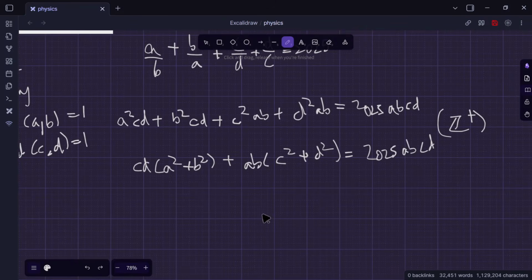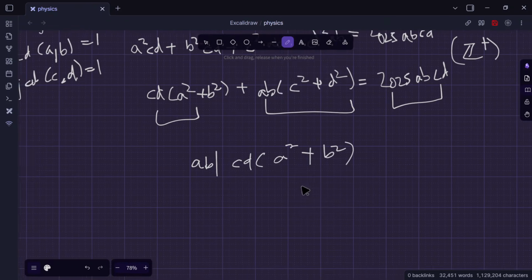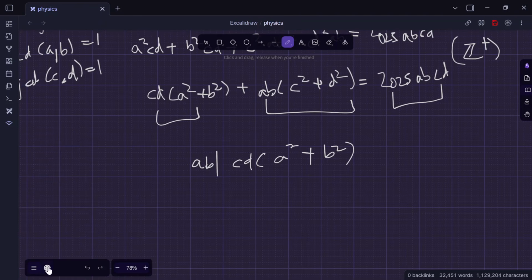Okay, so what does this mean? The first thing I notice here is that AB divides this because it's a multiple of AB. Right? AB divides this, and AB also divides this because AB is over here. So we get AB divides CD times (A squared plus B squared). But this is actually really good for us. Why?